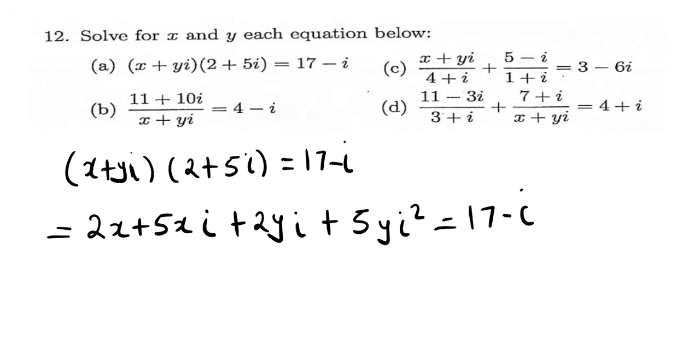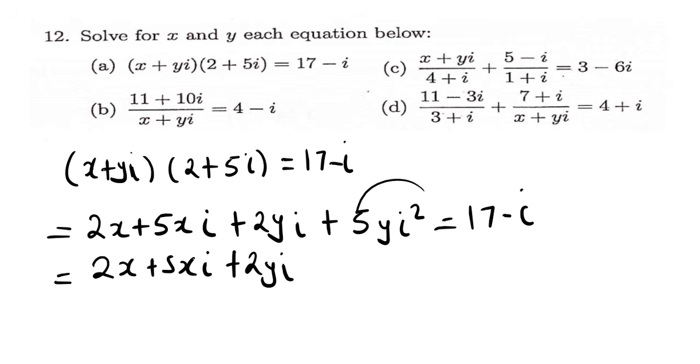Then what am I supposed to do now? Do we even have like terms? Let me just simplify the one with i squared. So it will be 2x plus 5xi plus 2yi.